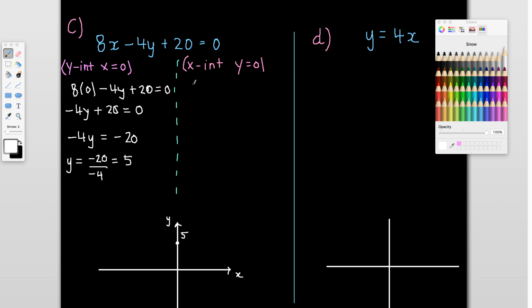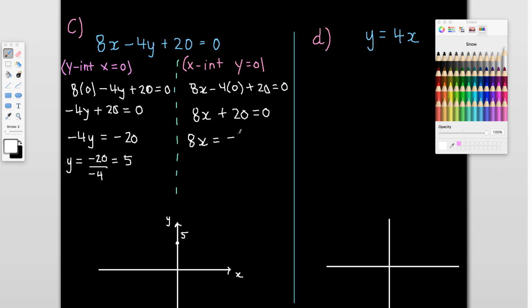All right, so 8x minus, well, it's minus 0, but to show you fully what I'm doing. There we go. So 8x plus 20, as this bit just cancels out, equals 0. So 8x equals negative 20.